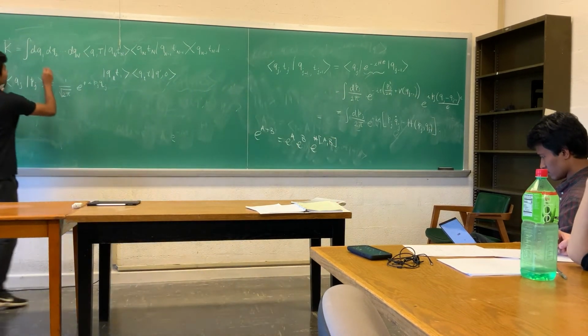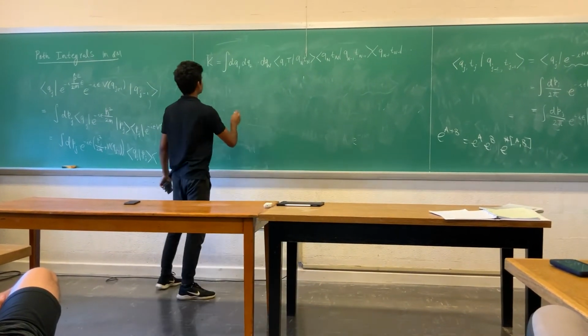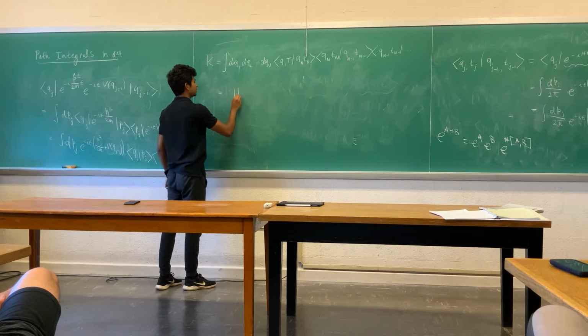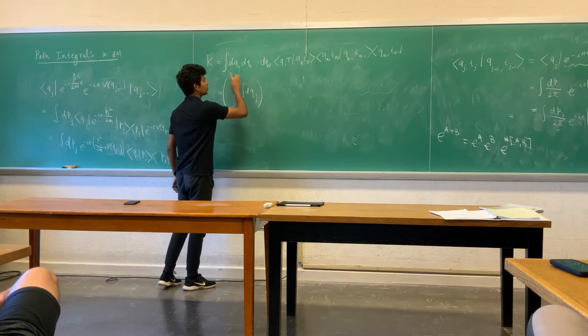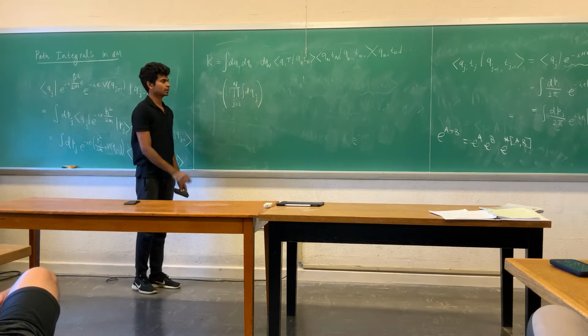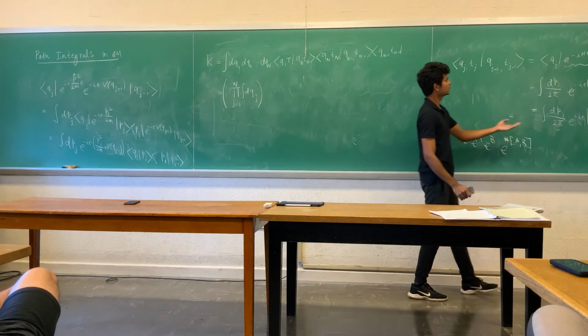Let's put that in this. I'm going to fancify the notation a little bit. j equals 1 to... that's all of these guys. Now I have a lot of integrals over j's.